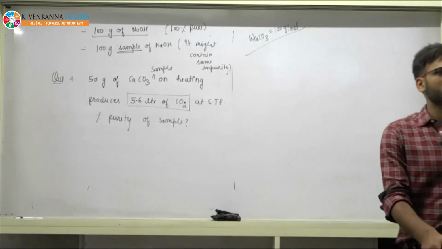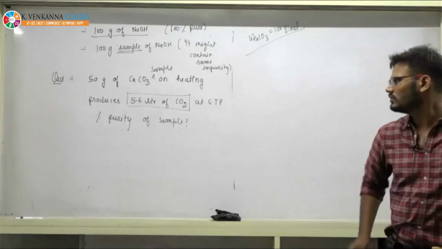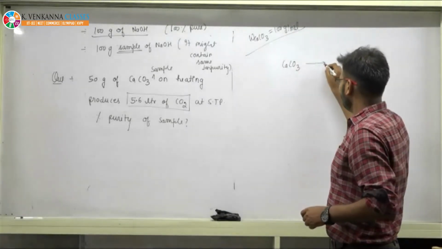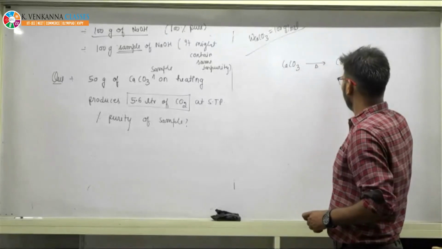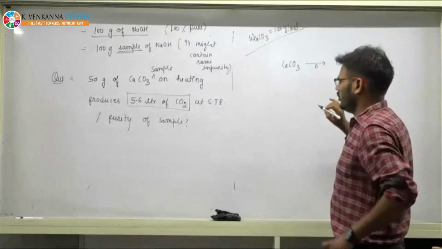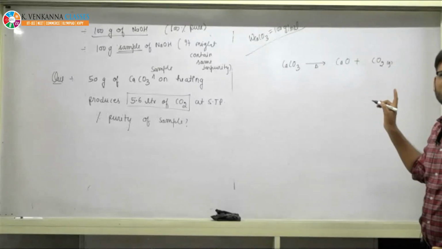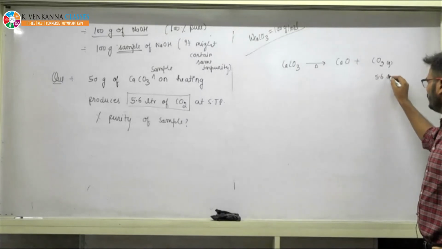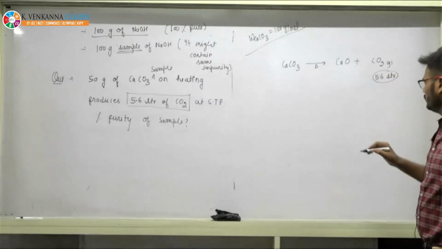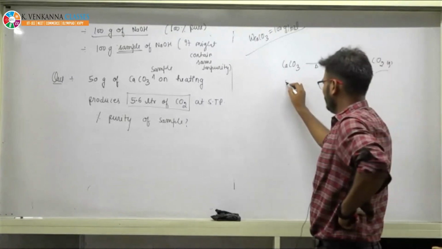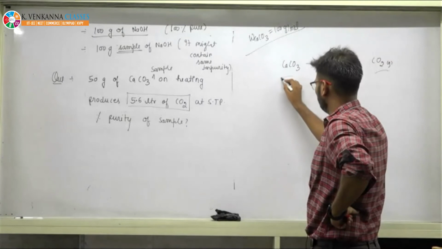Yeah, someone has given me the correct answer. Thanks. So as I have told you, on heating any carbonate, you will get oxide and CO2. The reaction is already balanced. It says I am getting 5.6 liter only, and I am having 50 gram, right?